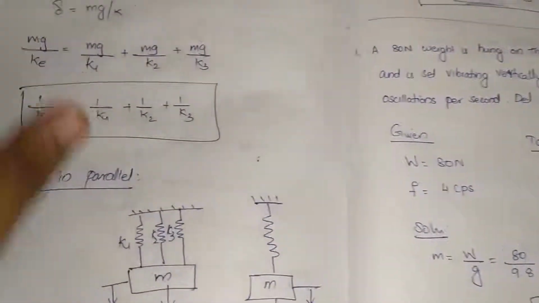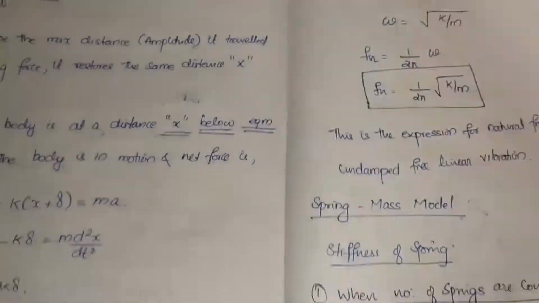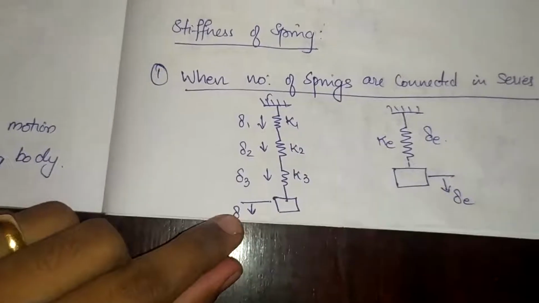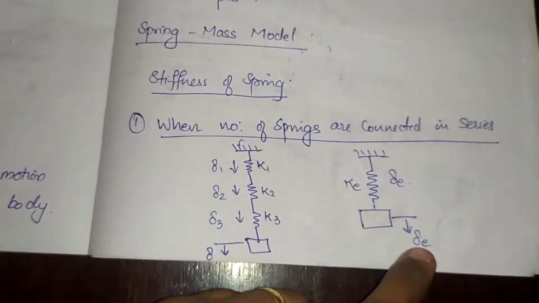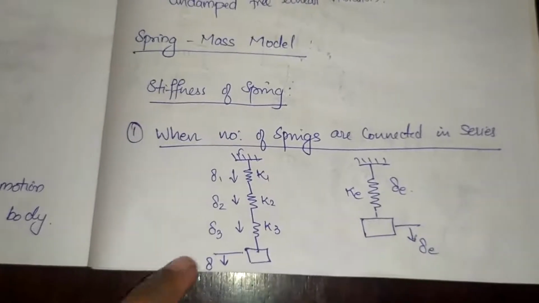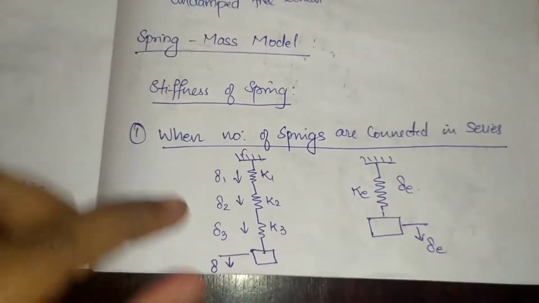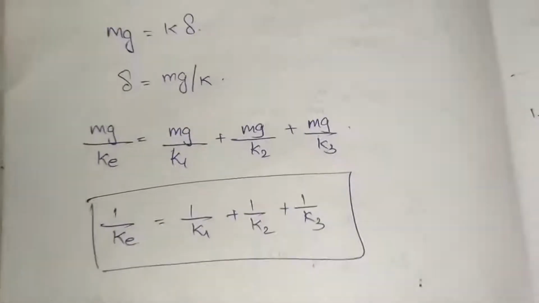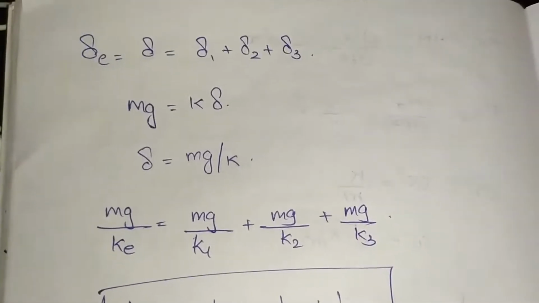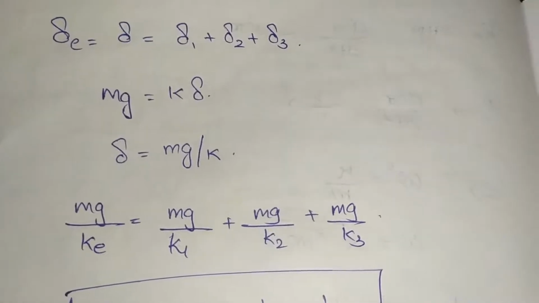Now, this is the total displacement here, and delta E is equal to delta, and this delta is a combination of these three deltas, right? So delta E is equal to delta 1 plus delta 2 plus delta 3.